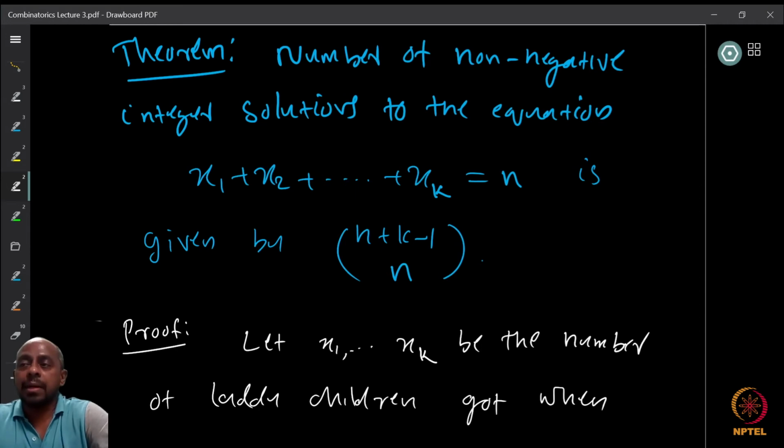So let us start by assuming that x1 to xk are the number of laddus children got when n laddus were distributed to them, right? So here also we are doing the same thing. We have n laddus and we are going to distribute them to children, but now the person standing at the queue may not be fair, right? He will say, okay, some children who come, I don't like you, so you don't get anything.